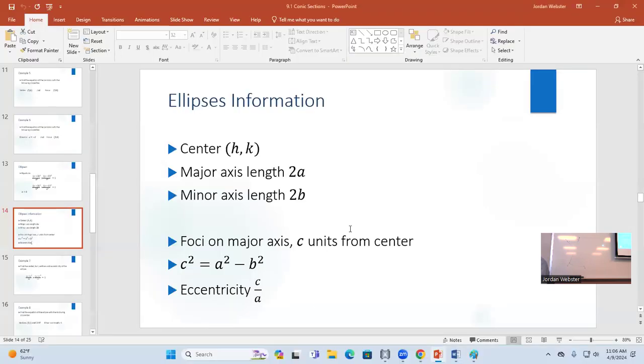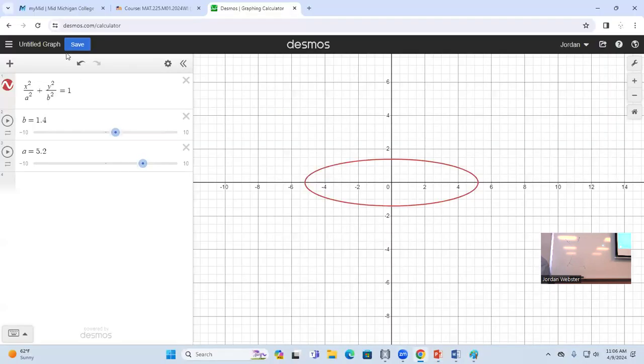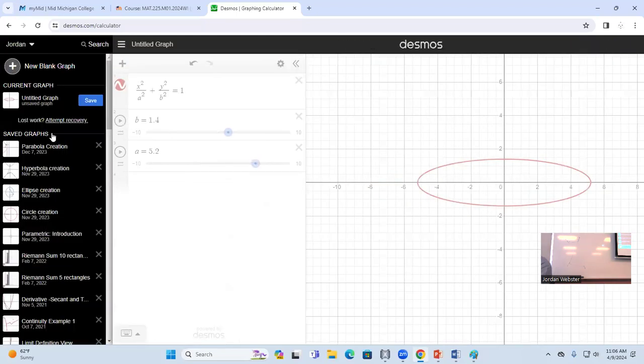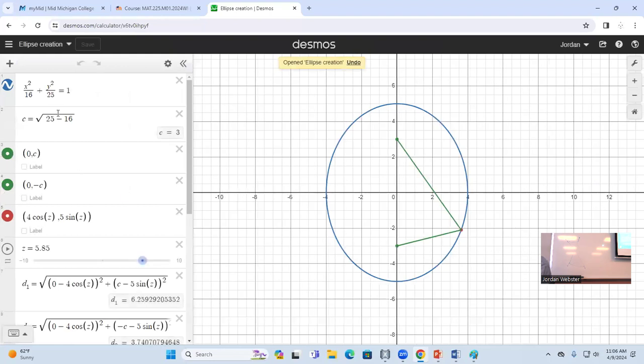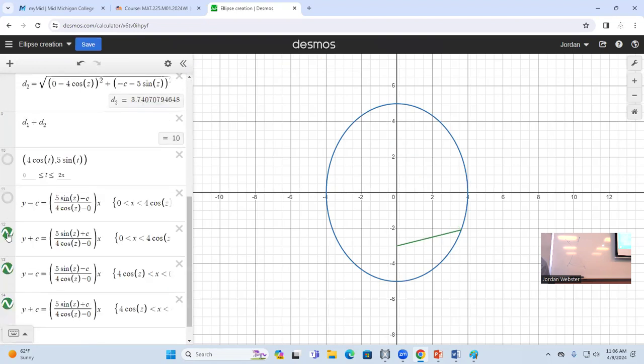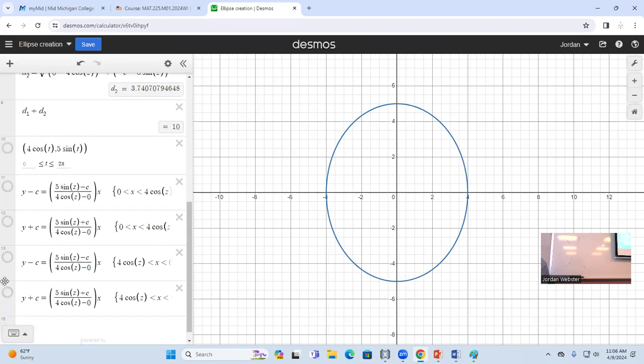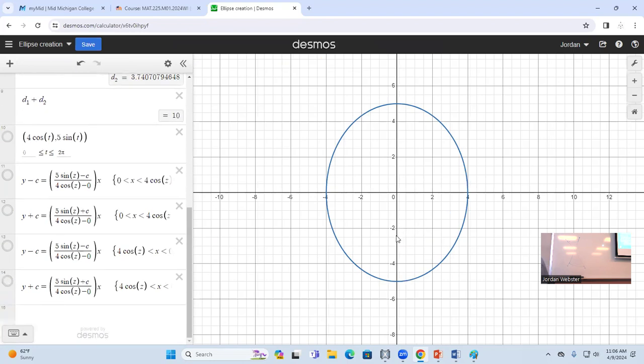Now, let me talk a little bit through an ellipse. So here's an ellipse which I've created. Let me mark all these things off. As you can see, it's stretched out vertically more than it is horizontally.